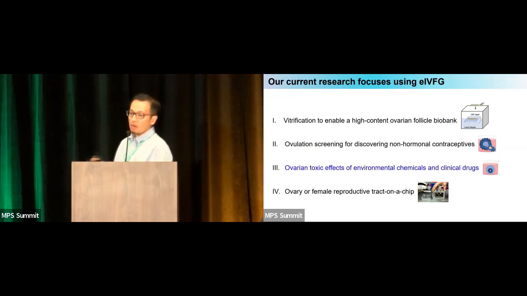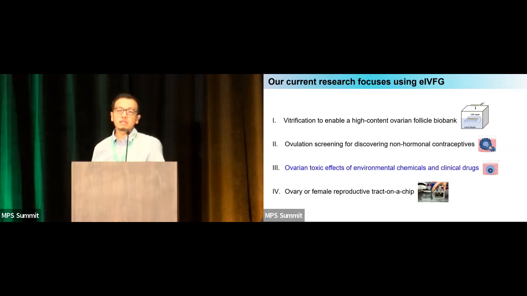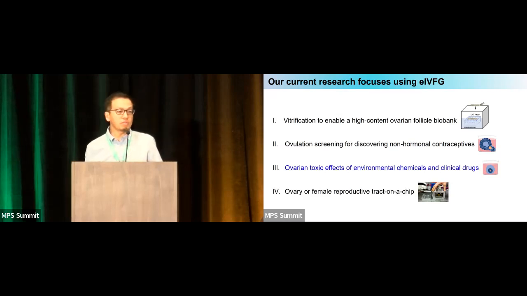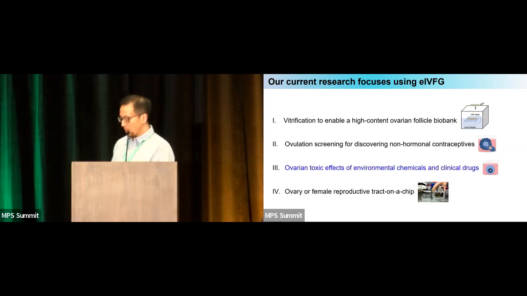We also use our in vitro ovulation model to screen a lot of compounds, supported by the Gates Foundation, so we can do drug repurposing and see which can be candidates for novel birth control pills. We can also use this model to study toxicology and connect to other reproductive or non-reproductive organs to make it more in vivo-like.